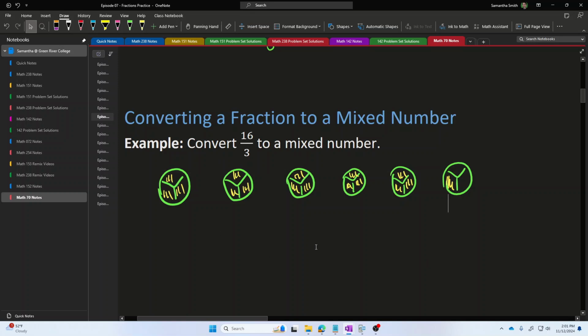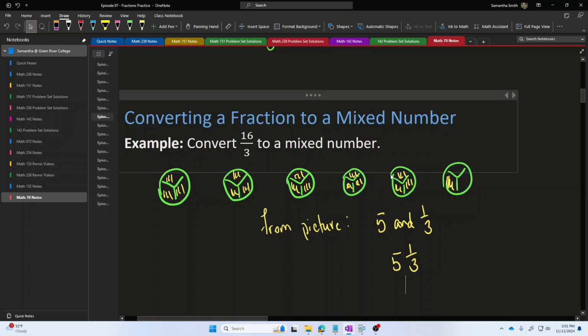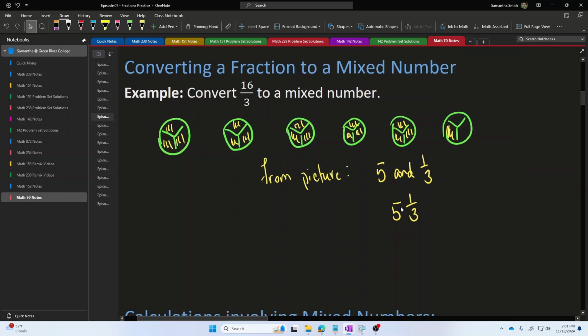Now, if I look at this picture, I can see that 16 slices of this size has given me 1, 2, 3, 4, 5 full pizzas and then 1/3 left over. So I can see from the picture, 5 and 1/3, or as we're writing it, a big 5 next to the fraction 1/3. That would be 16 over 3 as a mixed number, the whole number 5 and the fraction 1/3.